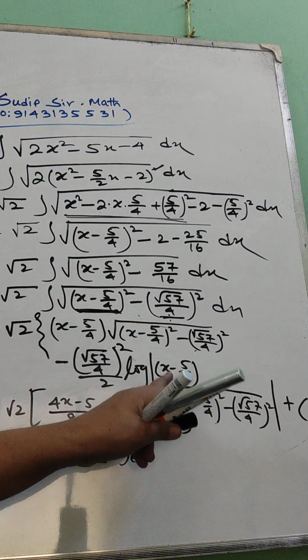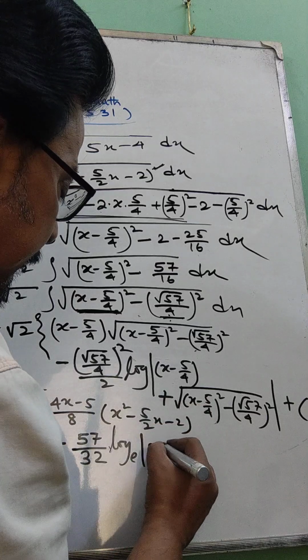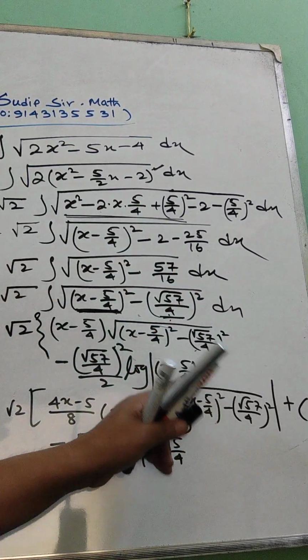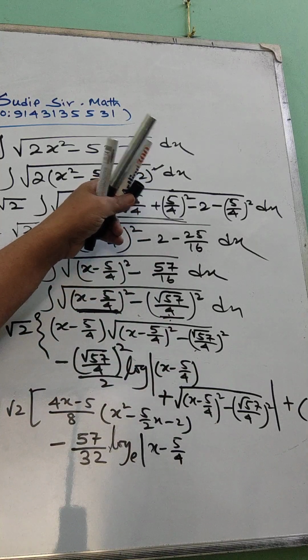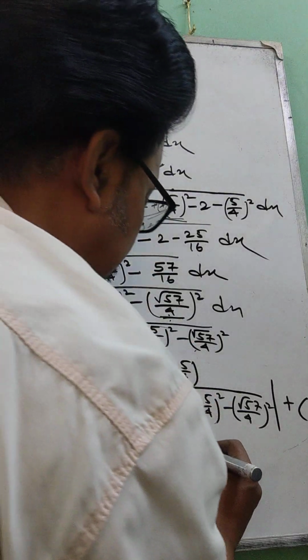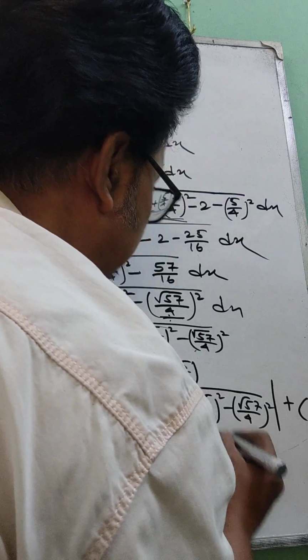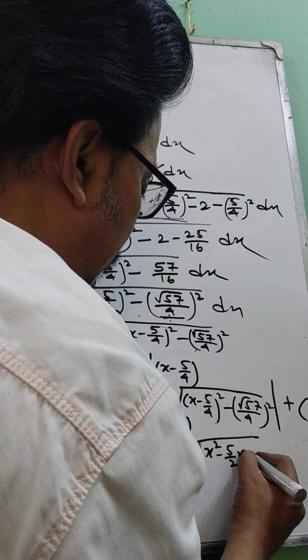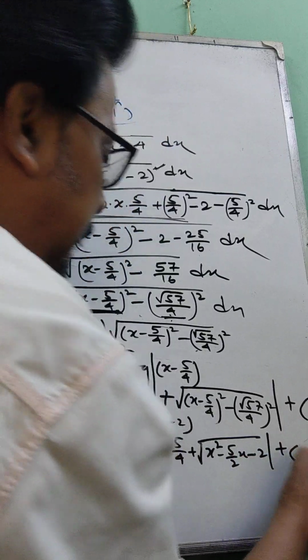If you simplify this, this can be written x minus 5/4, and simplify this, you will get root over of x square minus 5/2 x minus 2 plus 6.